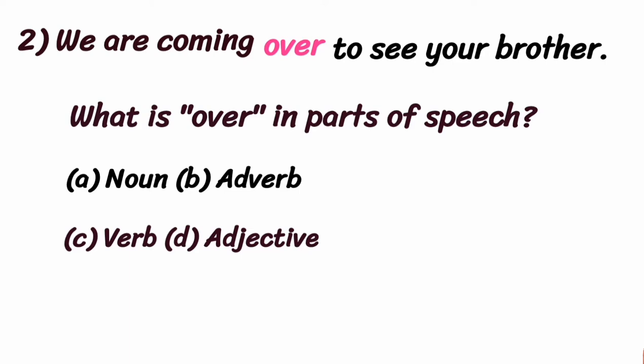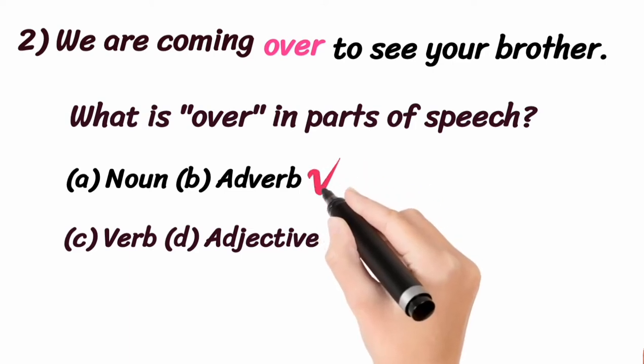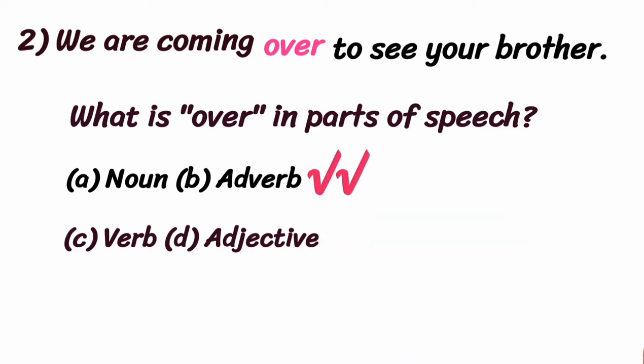When it is used as an adverb, then it gives the meaning of there or here. So here in this sentence, over means there. We are coming there to see your brother. So option B is correct. Adverb is the option for the word over.